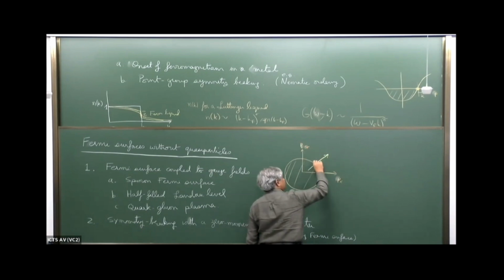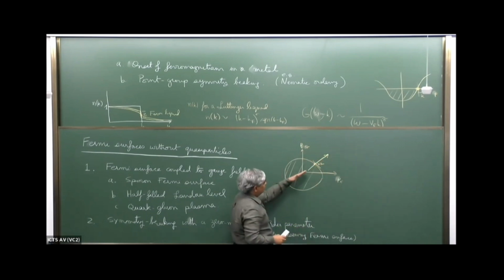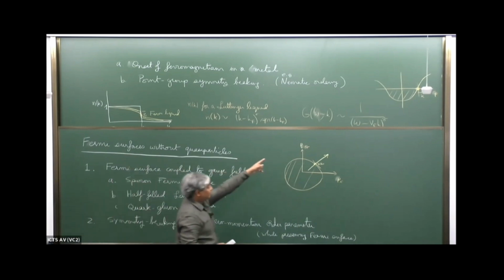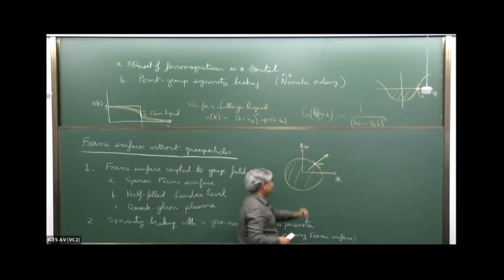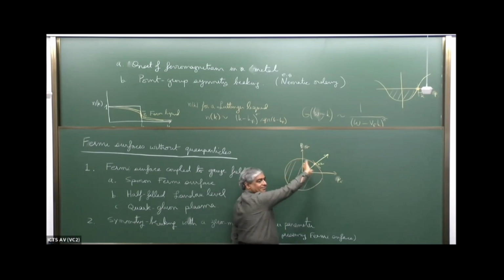And if you call this K measured from the Fermi point, just like you measured in 1D, then if you looked at the correlation function along this direction, you would get a singularity, which is similar to that thing that's partially obscured by the board. And this would happen in every different direction.